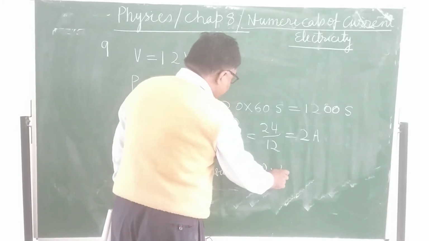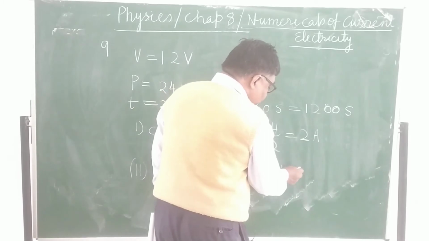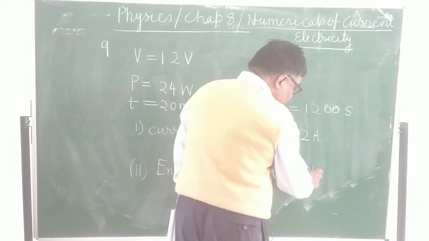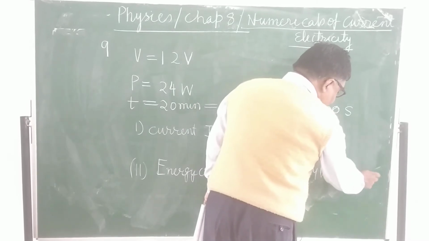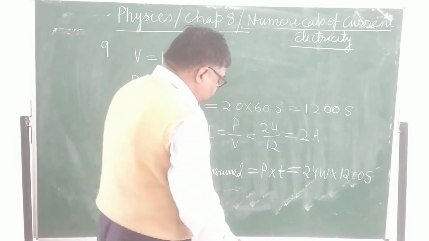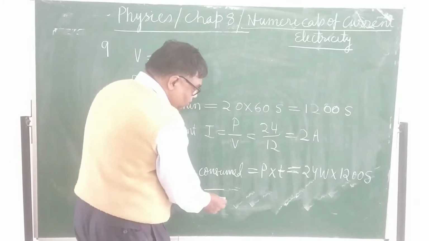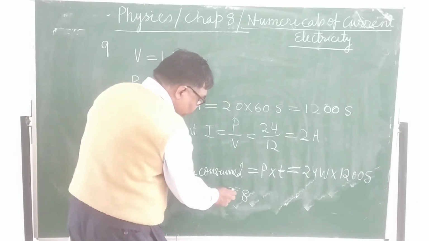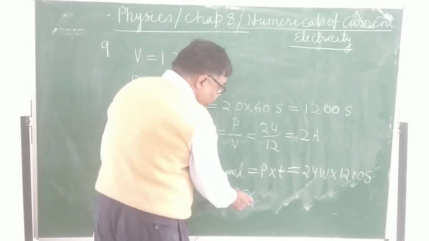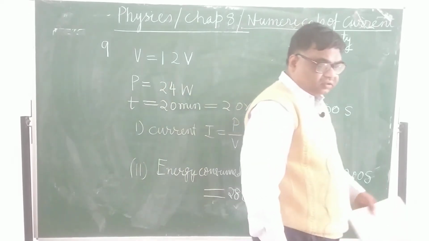What is power here? 24 watt. And time 1200 second. So when you will simplify, it will come in joule. So it will be equal to 28800 joule. It's clear?